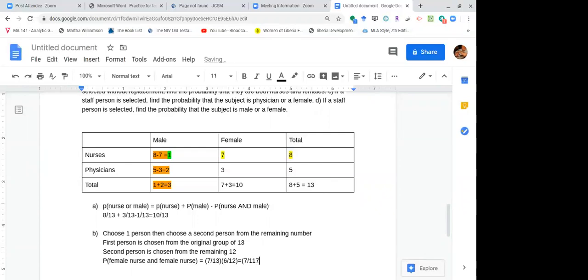So it's the number of people who fit the category out of the total for the first one, and then when you don't replace them and they fit in both categories, you reduce both numbers by 1. The 7 went to 6, the 13 went to 12. But this is 6 out of 12, which is 1/2.